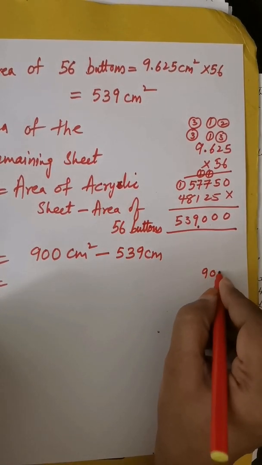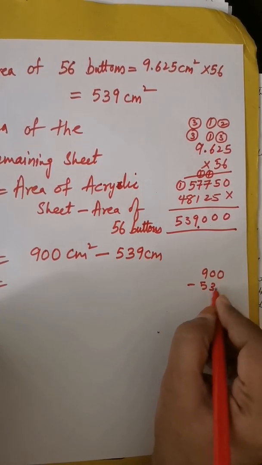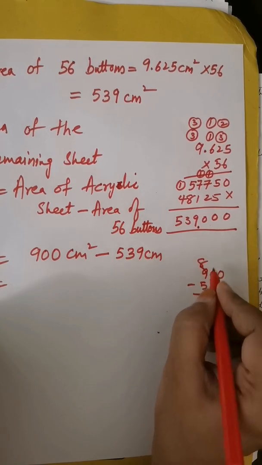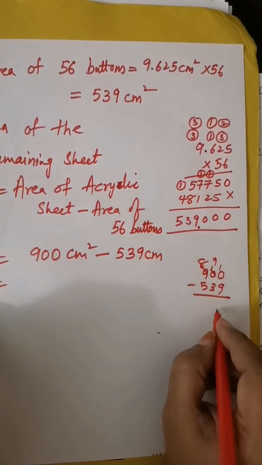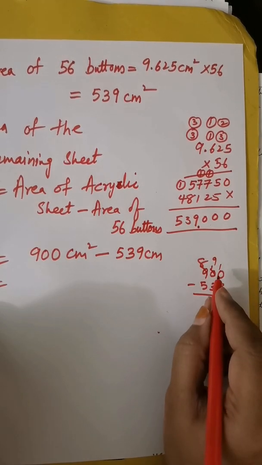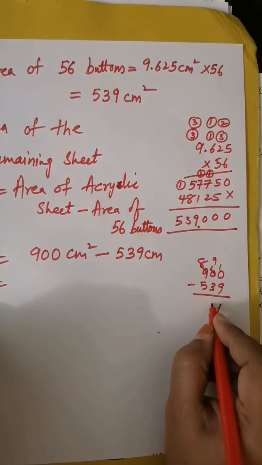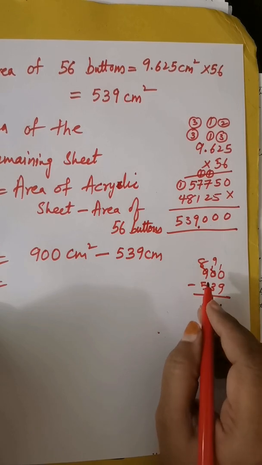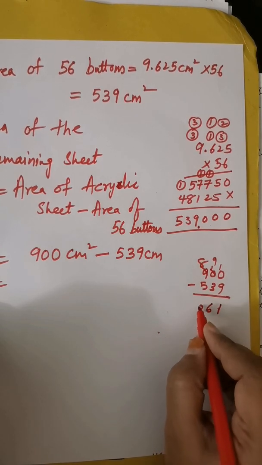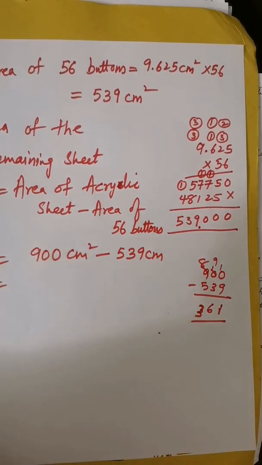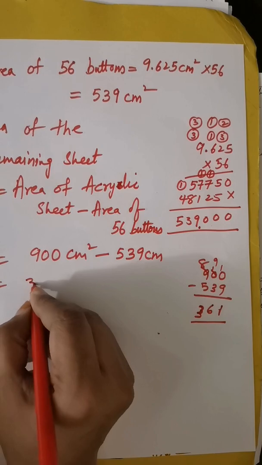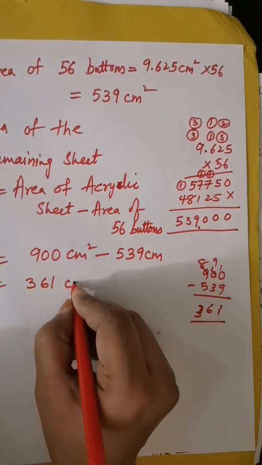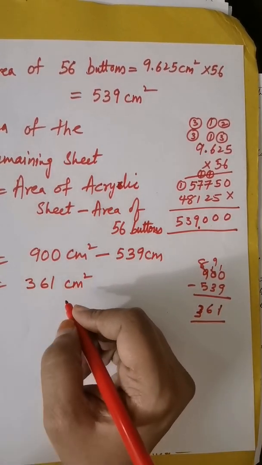How much will it be? 900 minus 539. 1, 9 minus 3, 6, 361. Area of the remaining acrylic sheet is equal to 361 centimeter square.